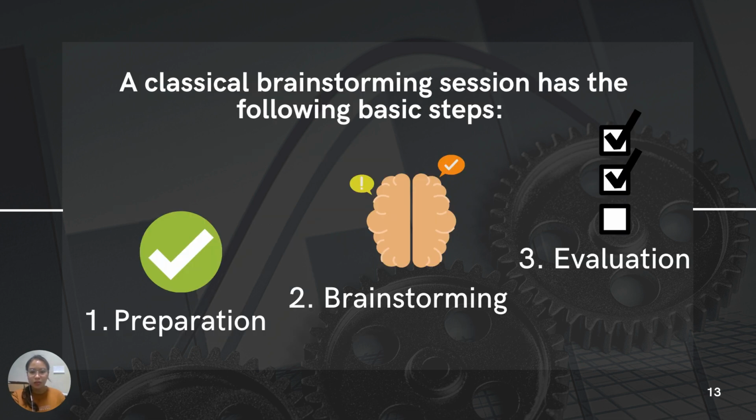A classical brainstorming session has the following basic steps. First, preparation, where the participants are selected and a preliminary statement of the problem is circulated. So the problem comes first. Second, brainstorming. A warm-up session with simple, unrelated problems is conducted.